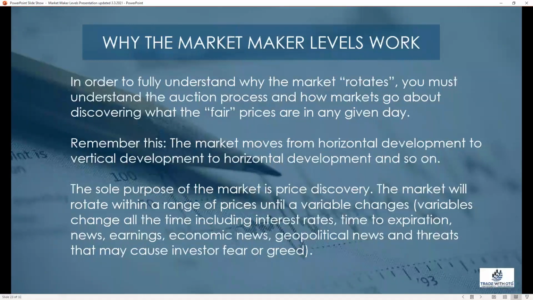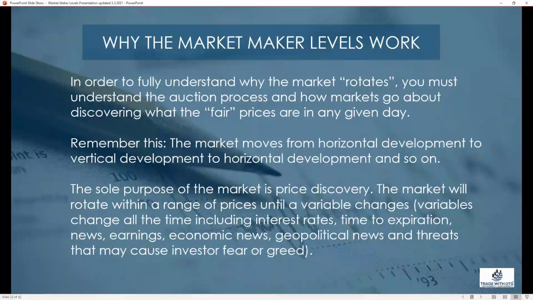So remember this, the market moves from horizontal development to vertical development to horizontal development, and that process just repeats itself over and over and over again. The sole purpose of the market is price discovery. The market will rotate within a range of prices until a variable changes, like the car that we just talked about, and that happens all of the time.